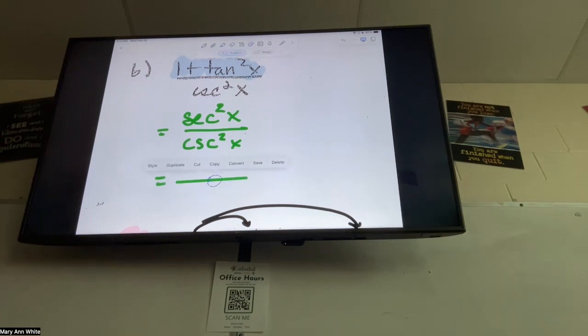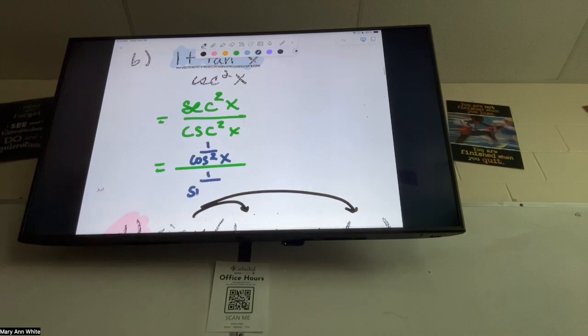Secant squared is what? 1 over cosine squared. And what's cosecant the same thing as? One over sine, 1 over y, which would be 1 over sine. So 1 over sine squared.